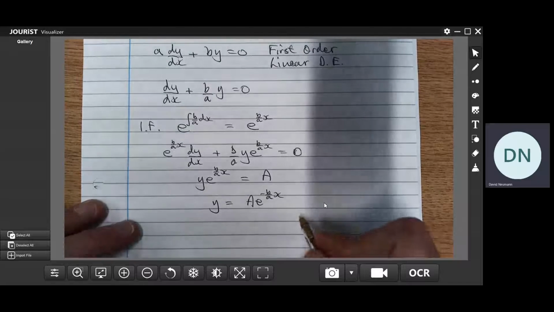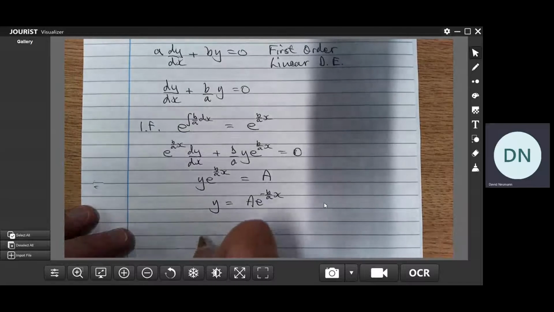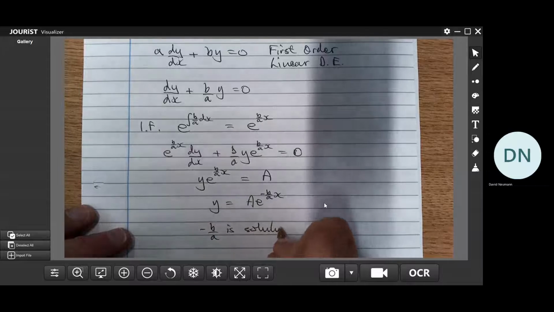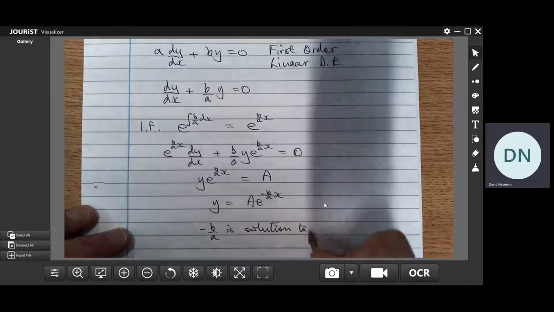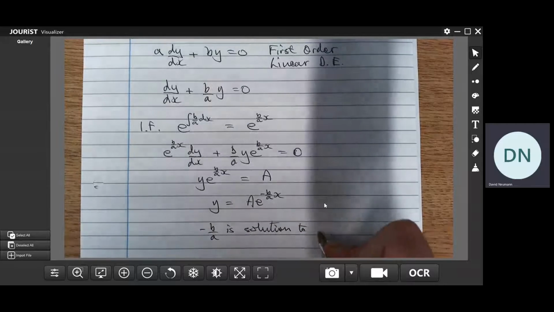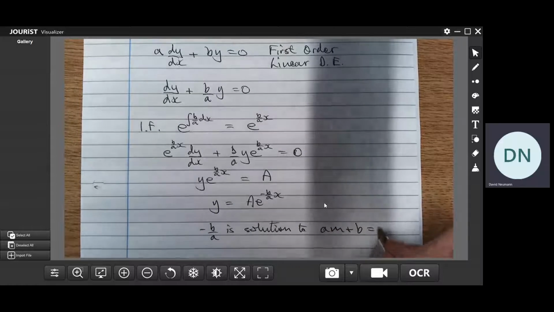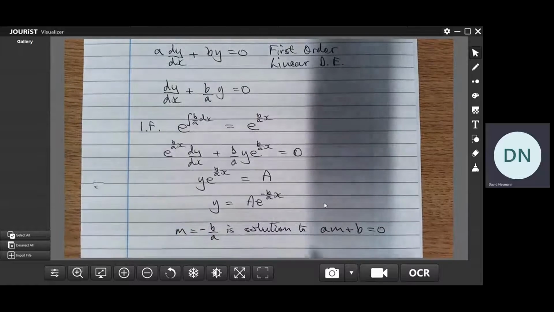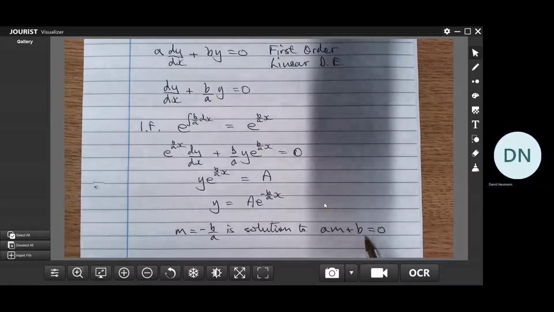And what I want you to notice is that minus b over a is the solution to the linear equation am plus b equals 0. Let's call it m equals that, is the solution to this equation.